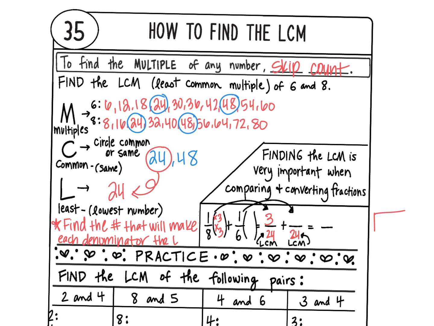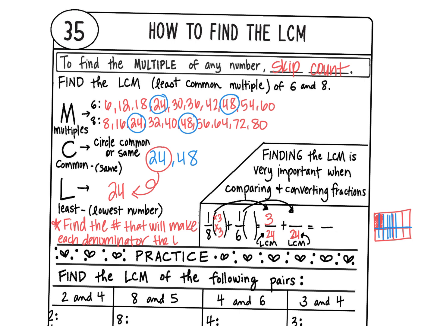If I were to draw a rectangle and split it up into 8 equal parts, and I shaded one of them, I could use this same size rectangle and I could divide it into 24 equal parts, which is going to be a lot. I'm not going to be able to do this very well.